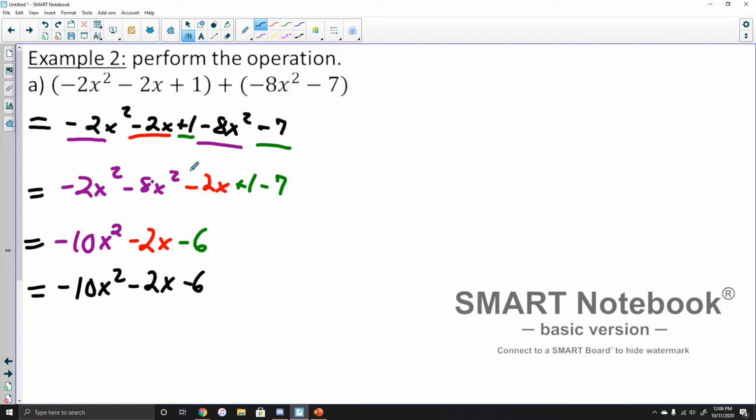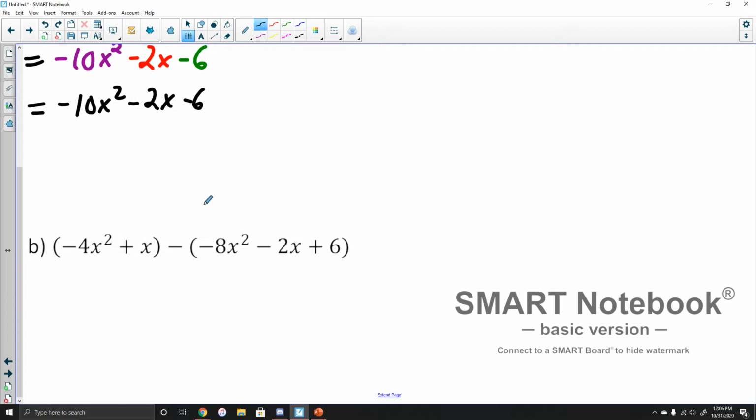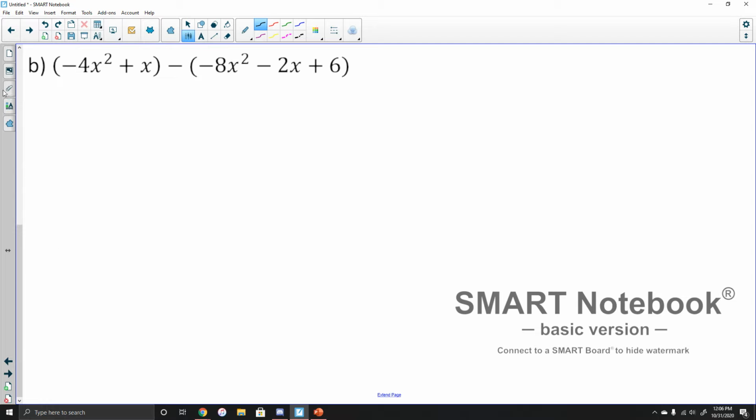All right. One last example. So we're going to have equals. Again, this first parentheses just means nothing, so I'm just going to take it away, right? 4x squared plus x. Now, when I say minus this whole thing, I have to distribute that negative.